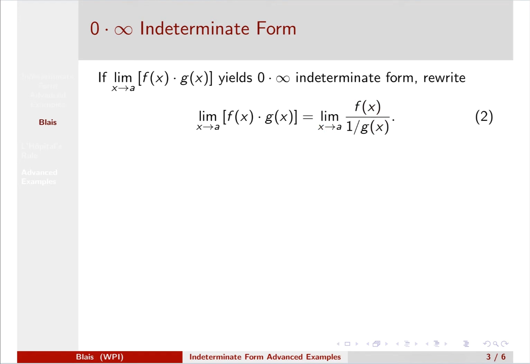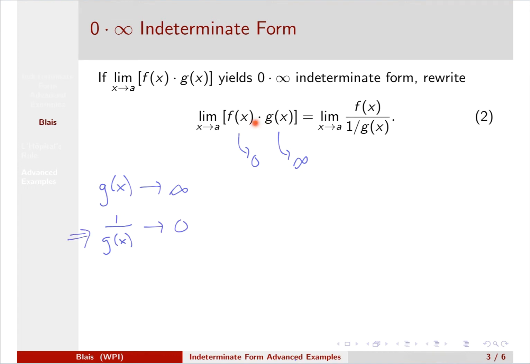And what we notice is if we rewrite this multiplication as a division by a division, this can work in our favor. So think of the case where f of x is going to 0 and g of x is going to infinity. If g of x is going to infinity, we can think of g of x as exploding. So that means 1 over g of x is going to 0.